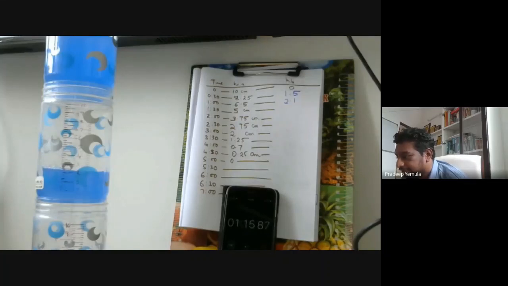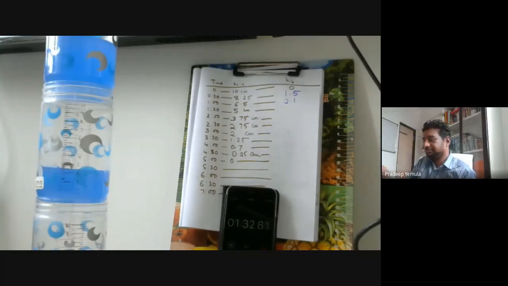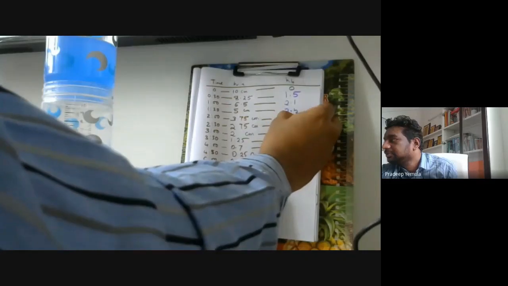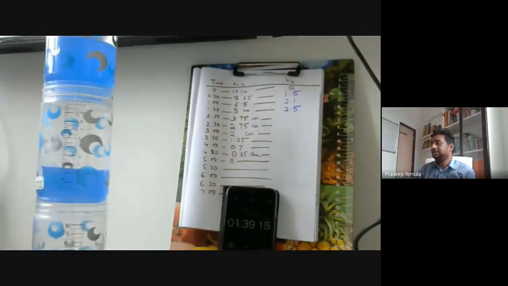What we are expecting is that at one point it will reach a maximum height and then it will start reducing from there. So now time is 1:27, 28, 1.5 minutes, and the height is 2.5 now. So within 1.5 minutes, the height reached is 2.5.